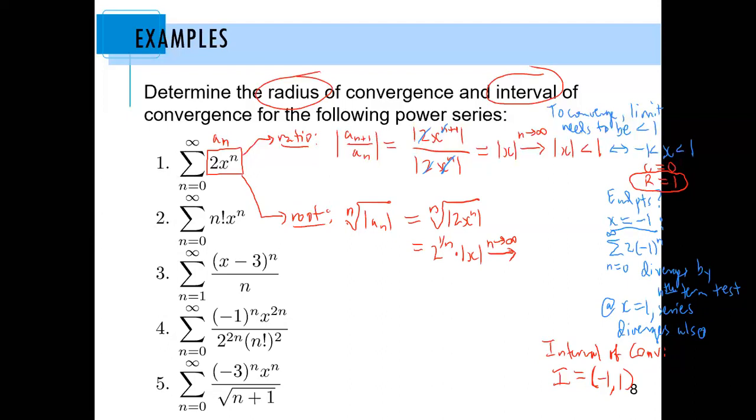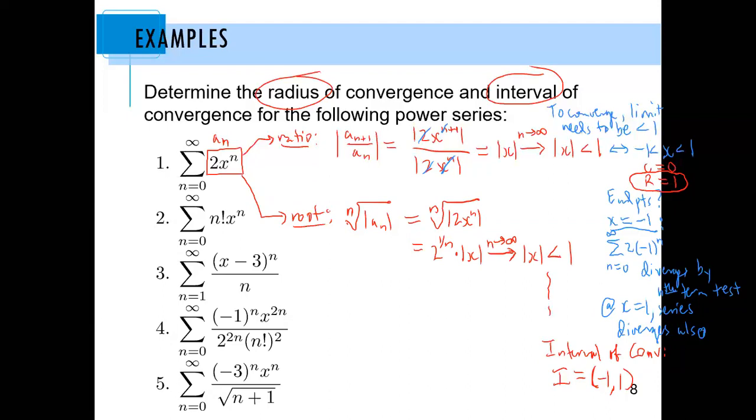That goes to 1, and I'm just left with the absolute value of x. I would go through the same rigmarole we just did. Here's the limit. What do I need to be true about the limit in order to get absolute convergence? I would need this limit to be less than 1. And on and on this would go.